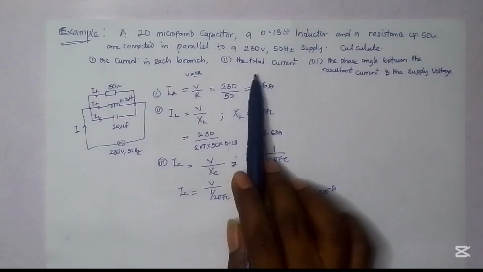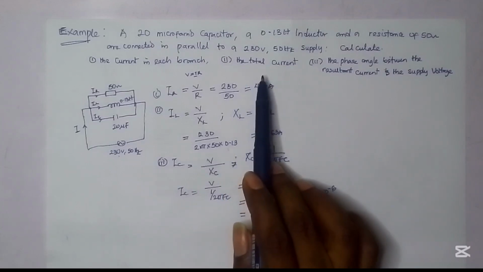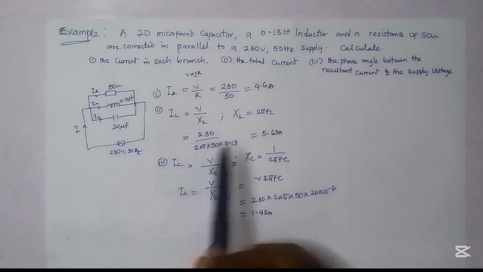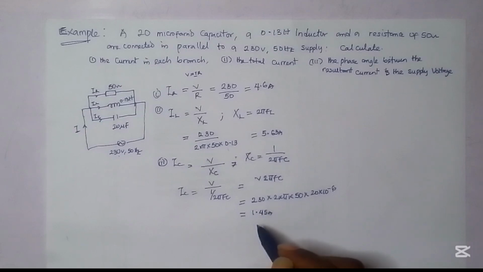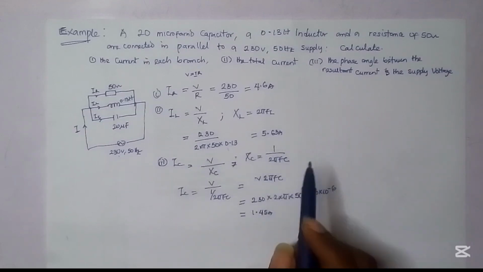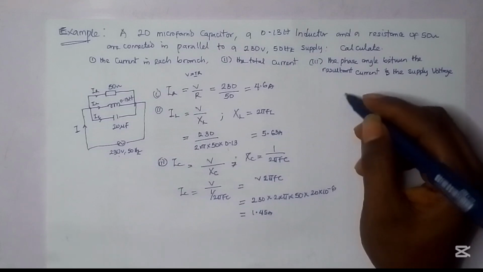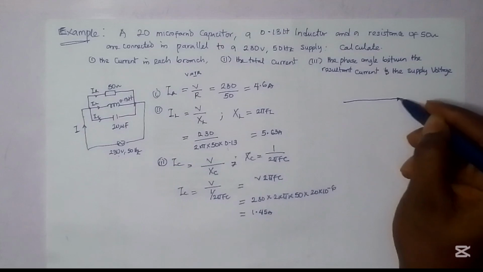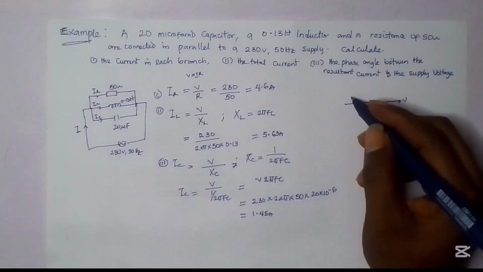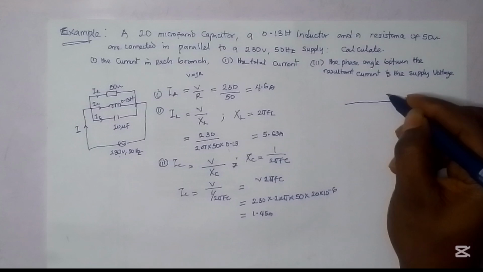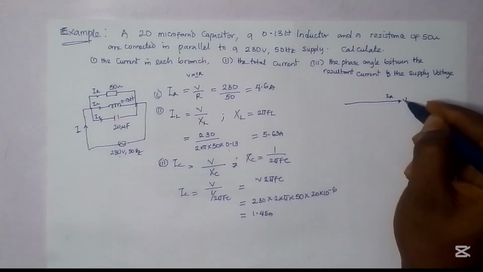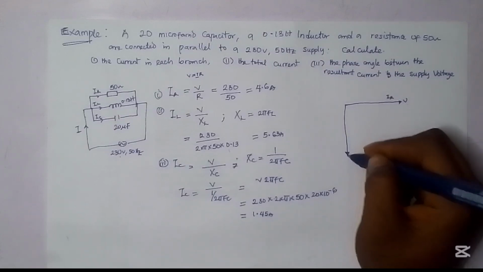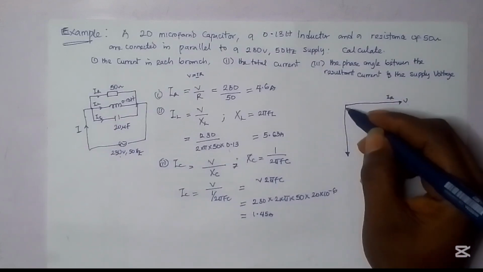So moving forward, we're going to get the value for the total current. The total current here is simply the resultant current that is actually flowing. To get this, we are going to refer to the graph very quickly. The phasor diagram should look somewhat like this, where this is our voltage, and you know that our IR is always in phase with the supply voltage. So let's say this is the value for our IC and IL.